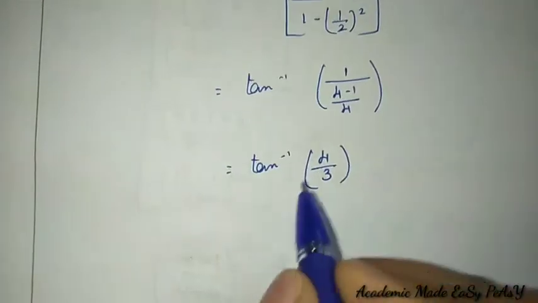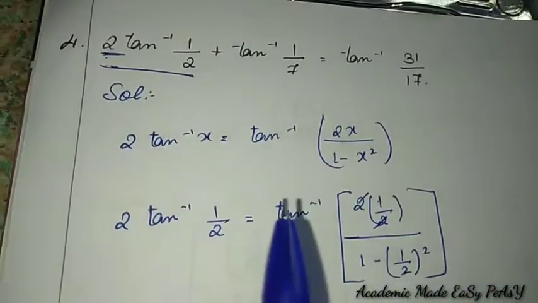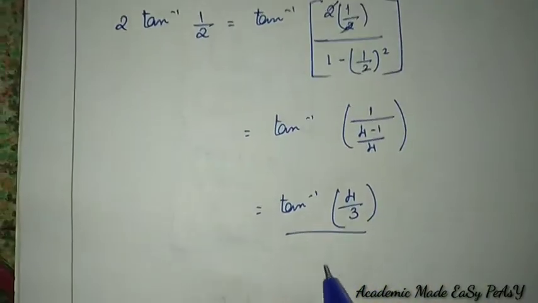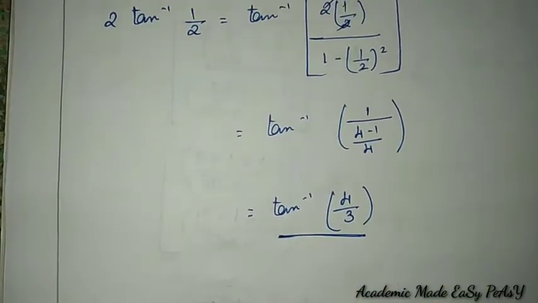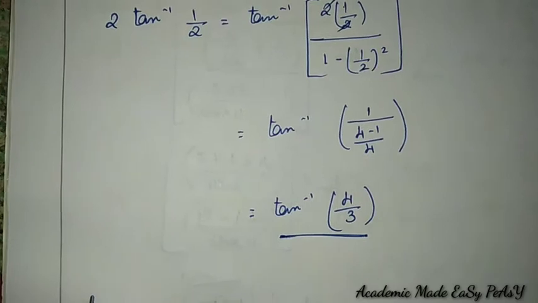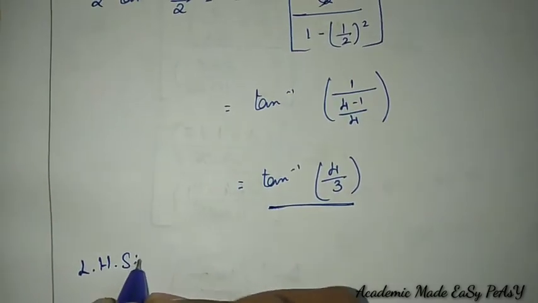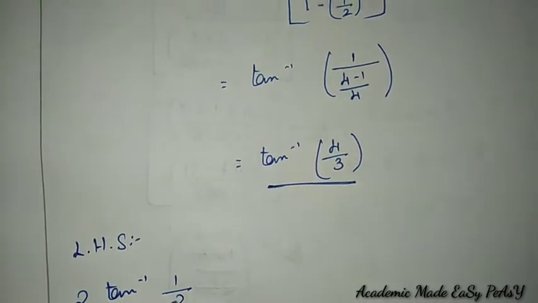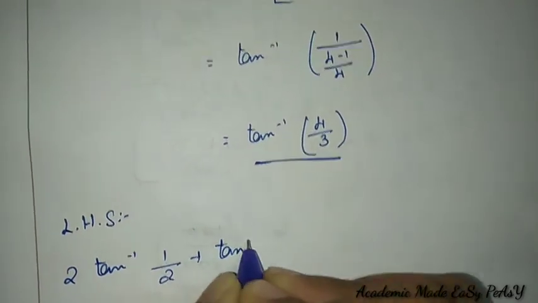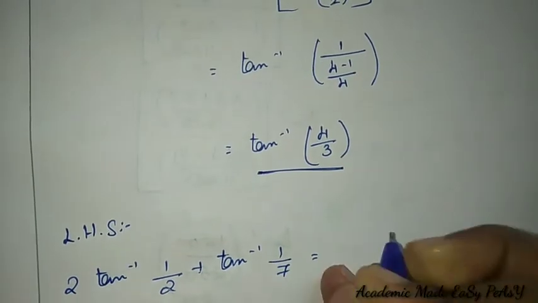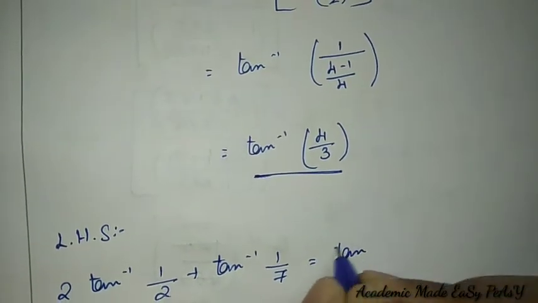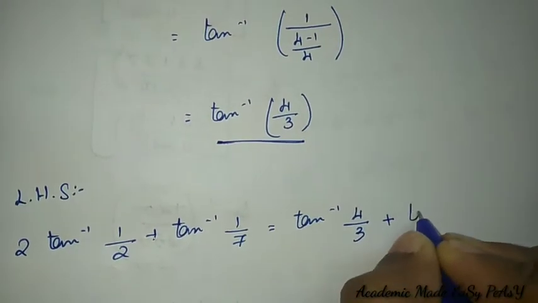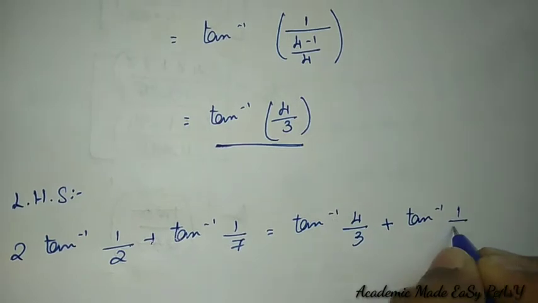So now I will be applying this in the question. So in the place of 2 tan inverse 1 by 2, I will be substituting this one. So my LHS will be 2 tan inverse 1 by 2 plus tan inverse 1 by 7 is equal to tan inverse 4 by 3 plus tan inverse 1 by 7.